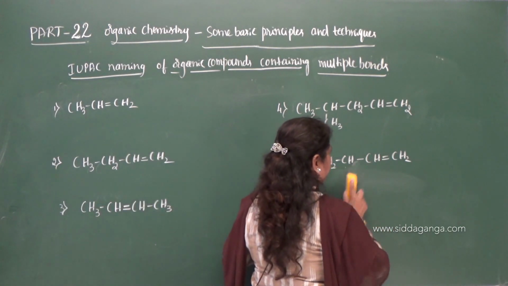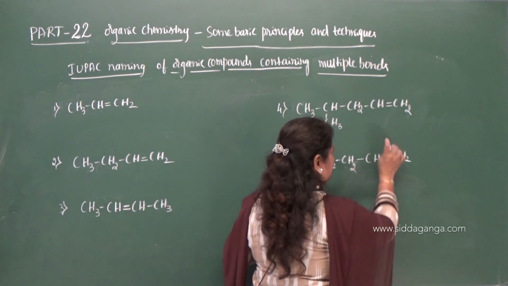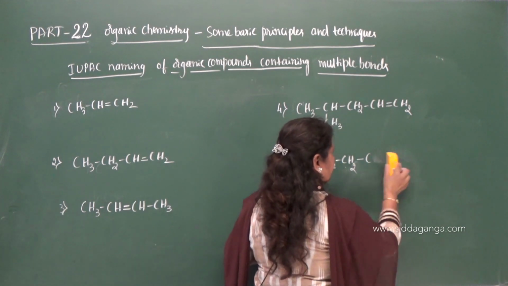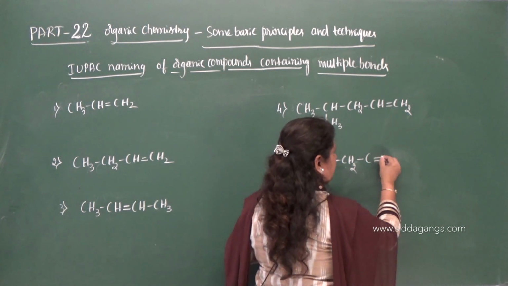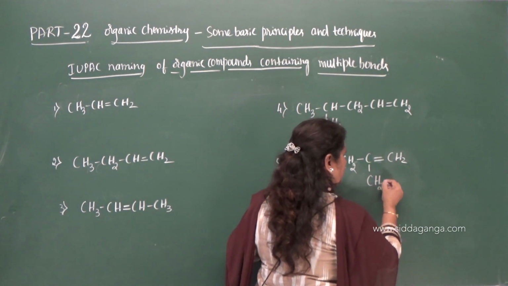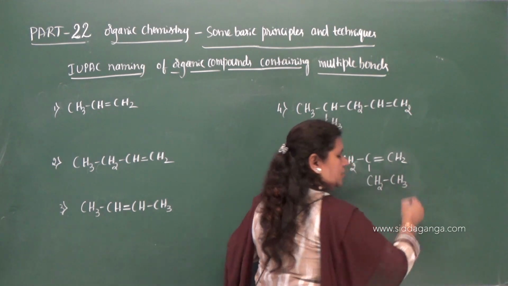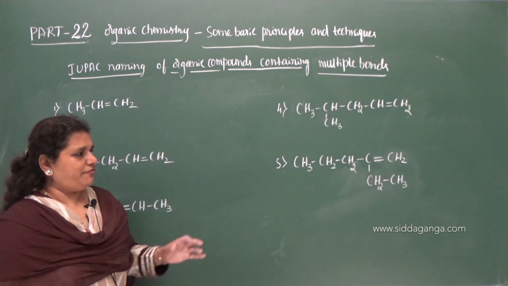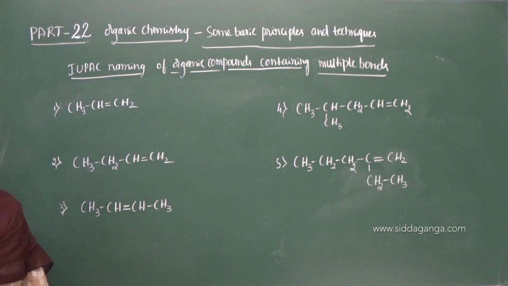So let me give this one here. Okay. So these are the alkenes for IUPAC nomenclature.